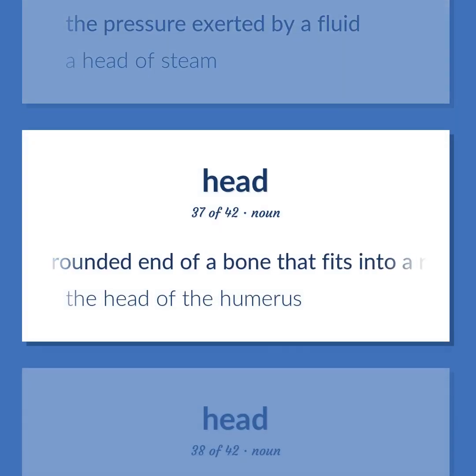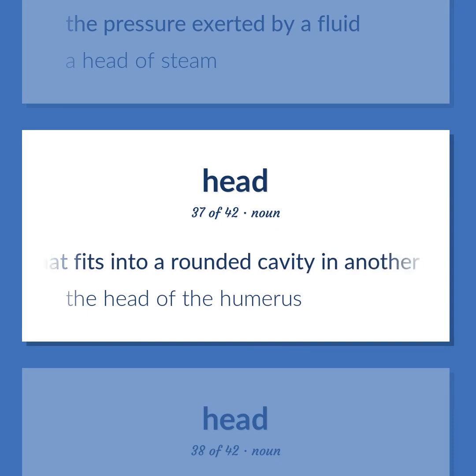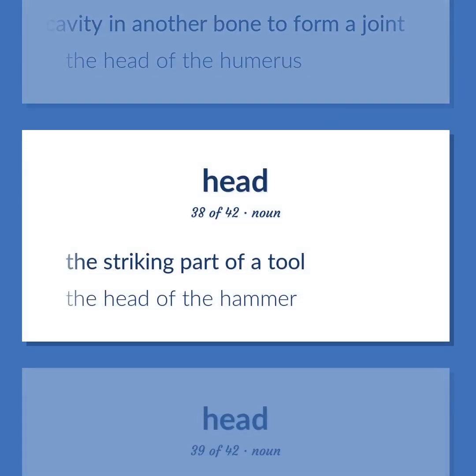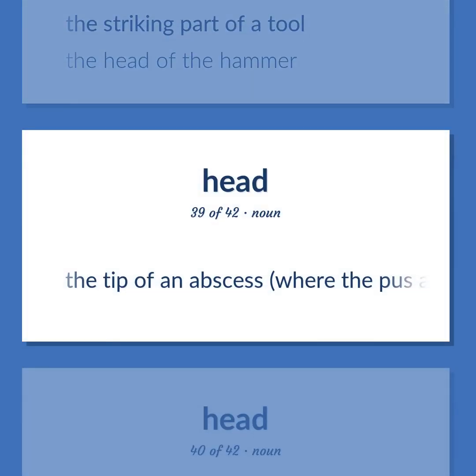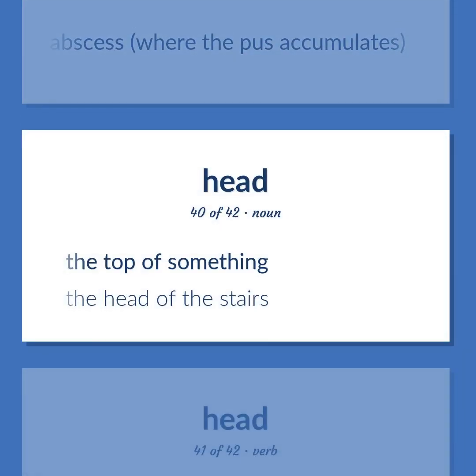The rounded end of a bone that fits into a rounded cavity in another bone to form a joint. The head of the humerus. The striking part of a tool. The head of the hammer. The tip of an abscess, where the pus accumulates. The top of something. The head of the stairs.